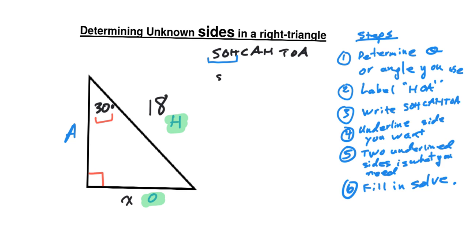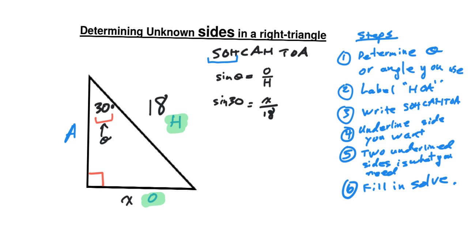So we write sine of theta is equal to O over H, and then we substitute accordingly. Theta in this case is this. So we're going to write sine of 30 is equal to O, which is x, over 18.